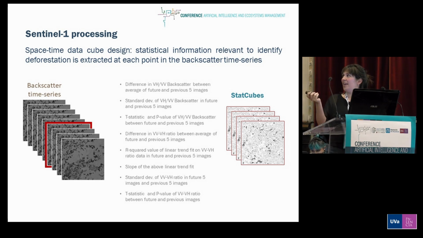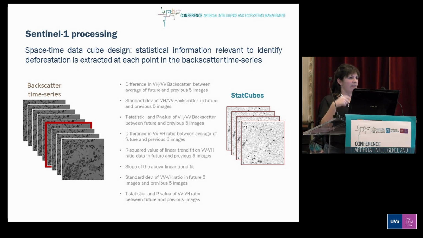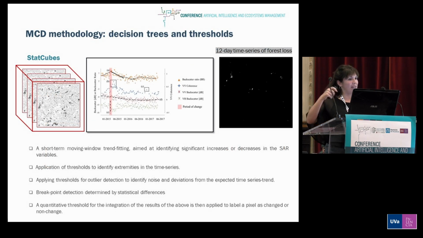So we have these stack cubes, and from these stack cubes we extracted different metrics, such as the difference in the backscatter between one image and the second one, the trend, is it positive, is it negative, what is the slope, and then all these statistics serve to train our decision trees and thresholds.